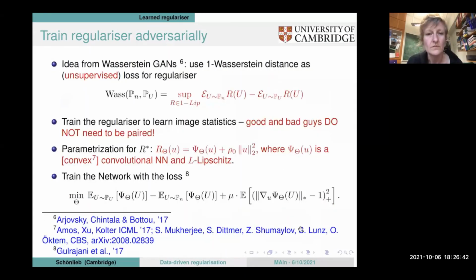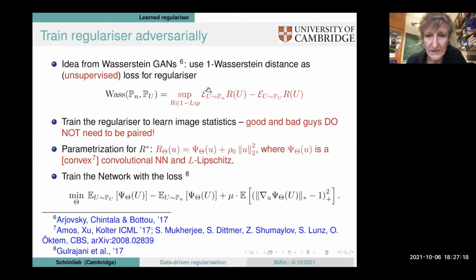And how do we do this? Metric wise, because we need to understand how do we optimize, what is an evaluation criterion for such a regularizer? We chose the 1 Wasserstein distance for this, plus a 1 Lipschitz constraint on the regularizer that I'm getting, okay?